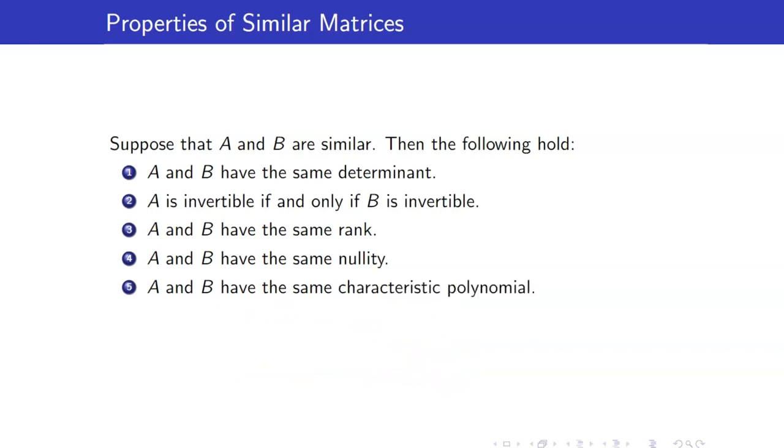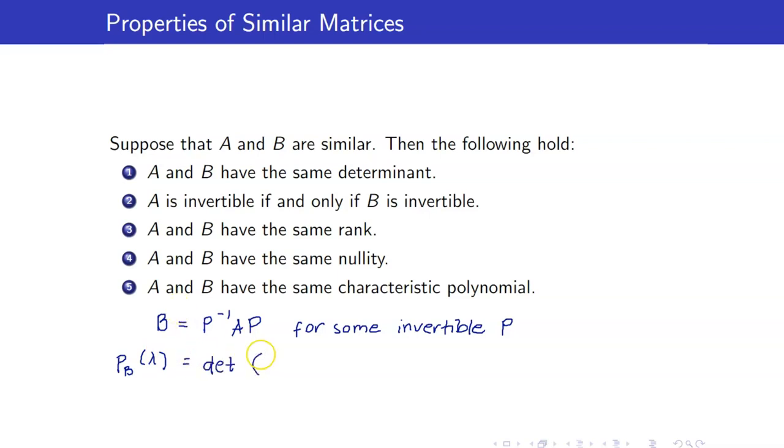Next, two similar matrices would also have the same characteristic polynomial. To prove this, suppose again that B is equal to P inverse AP. How do we calculate the characteristic polynomial of B?